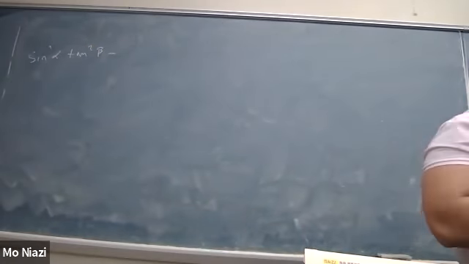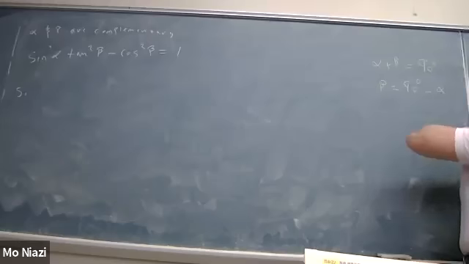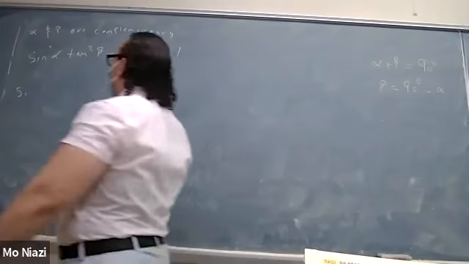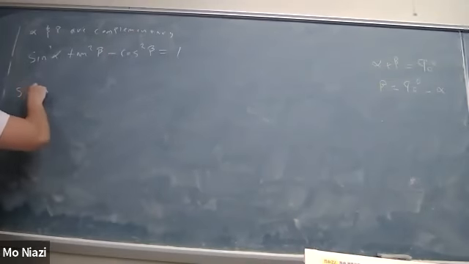Oh, and alpha and beta were complementary. So alpha and beta complementary means alpha plus beta is equal to 90. So this means beta is equal to 90 degrees minus alpha. Keep that in mind. So we'll rewrite what we have here.